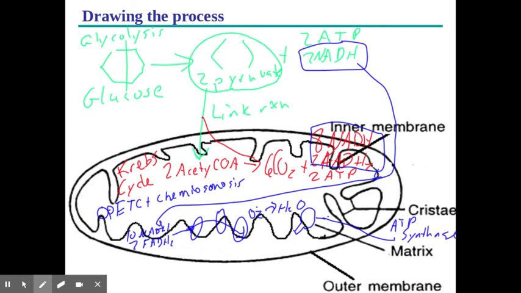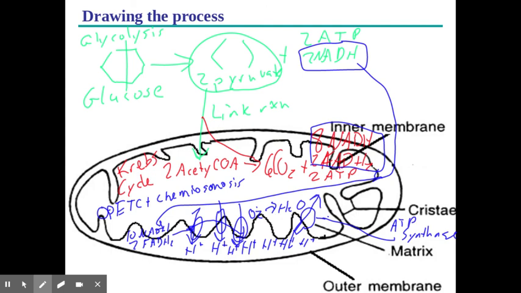Now remember, as these electrons are going through the ETC, they're going to pump hydrogen ions and create this huge concentration. So we're going to have a high concentration in here. Now, the only way that they can move out is through ATP synthase, and that's going to create ATP.